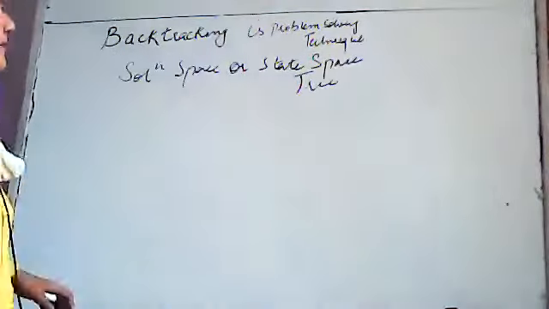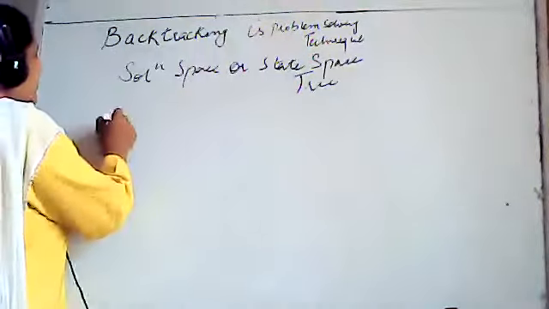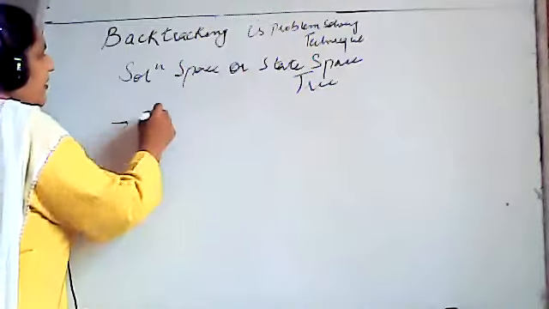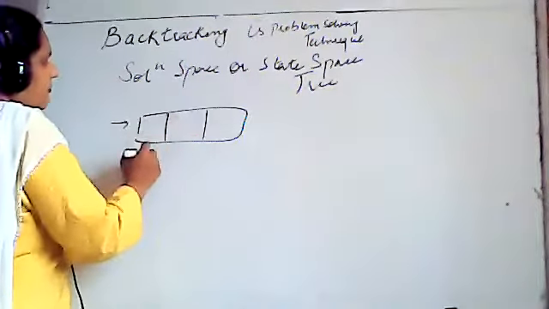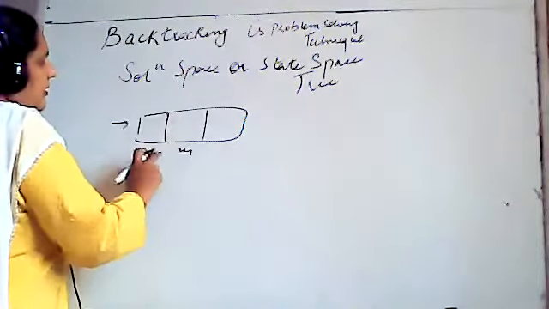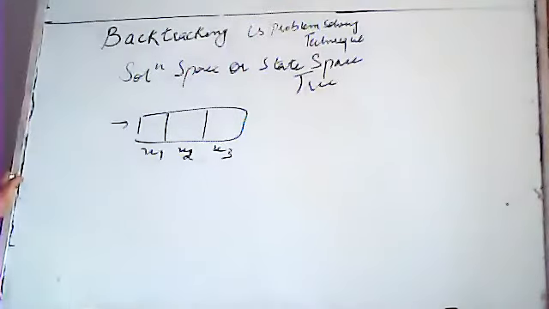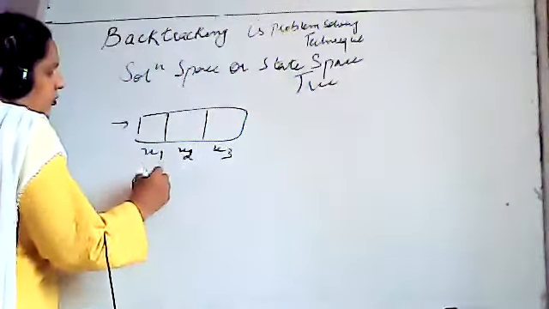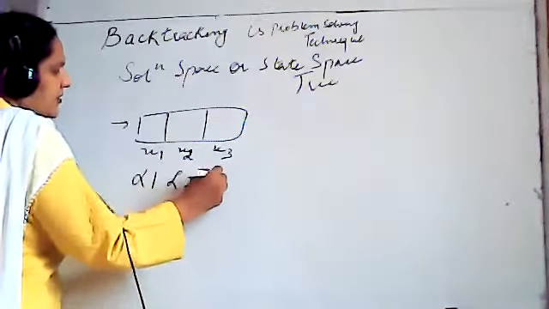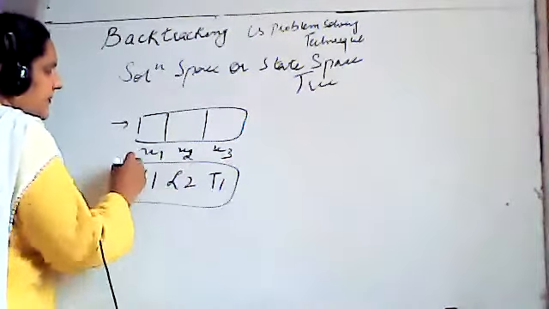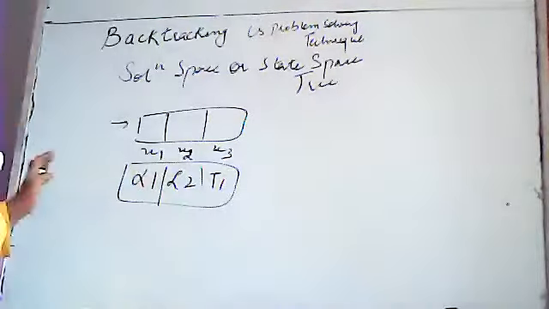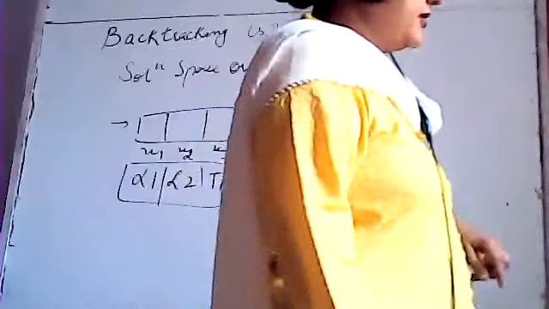We have been given 3 persons and 3 chairs, x1, x2, and x3. 2 lawyers are there, and 1 teacher is there, and they have to sit. How they will sit? We will make the set of all possibilities.